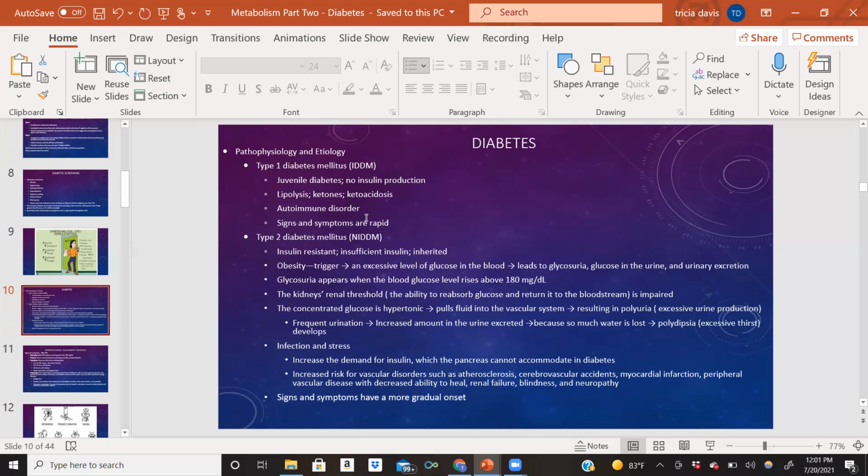The kidney's renal threshold, remember, is the ability of the kidneys to reabsorb glucose and return it to the bloodstream. That whole process is going to be impaired because there's too much glucose in the blood at that point, and it's very viscous. So the kidneys just can't handle it. The concentration of glucose is very hypertonic. So we know what happens with our hypertonic solutions.